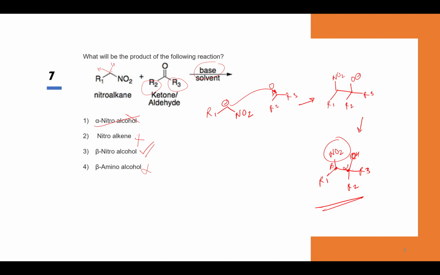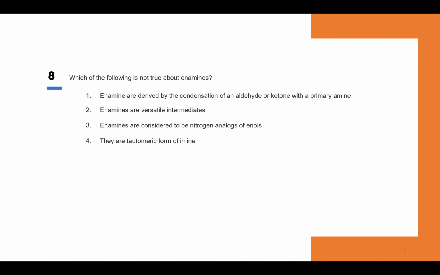So first of all, in this type of question, write down the mechanism and then predict the answer. Okay. So next, question number 8. In question number 8, the question is which of the following is not true about enamines?